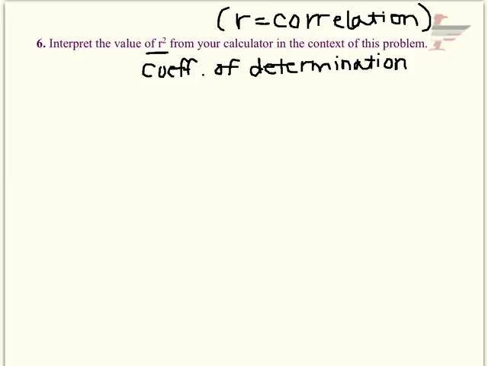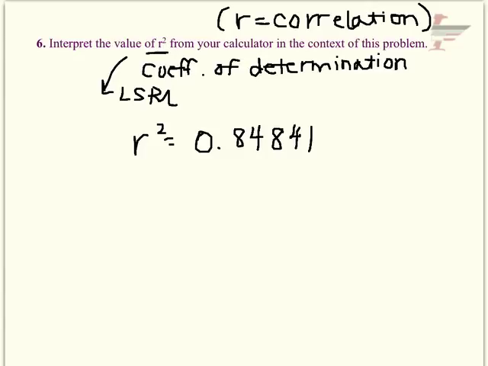Anyway, r squared, you get after you run your least squared regression on your calculator. You should get an r and an r squared. If not, definitely talk to your teacher. Your diagnostics may have gotten turned off. But from there, and you don't have to calculate this by hand, you get r squared. And I got 0.8481. That is my r squared.